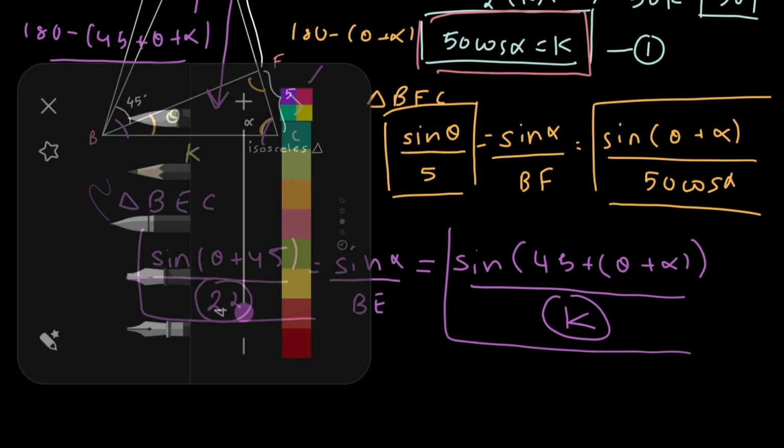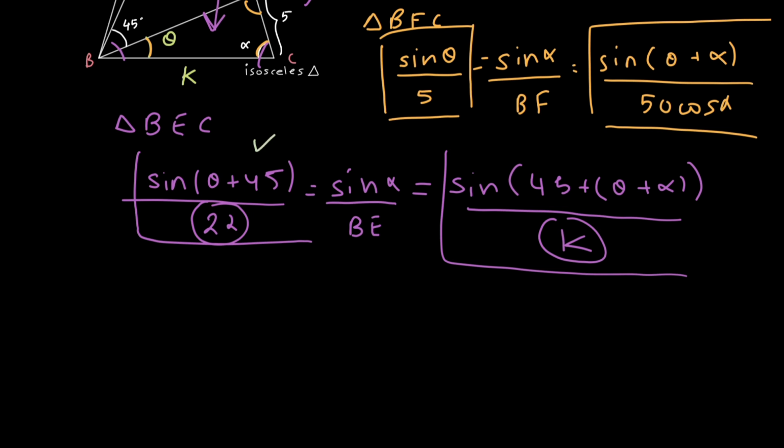So I will compare these two. In the first term the numerator part is sine of 45 plus theta, so it will turn out to be sine 45 cos theta plus cos 45 sine theta. Now sine 45 and cos 45 have the same value, that is 1 upon square root of 2. So I can take it common, and inside the bracket I will get sine of theta plus cos of theta.